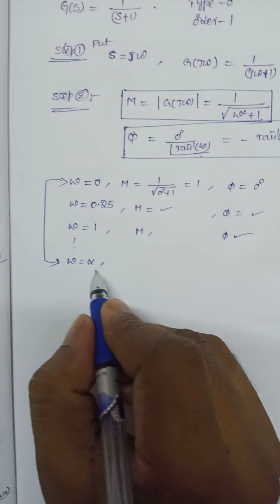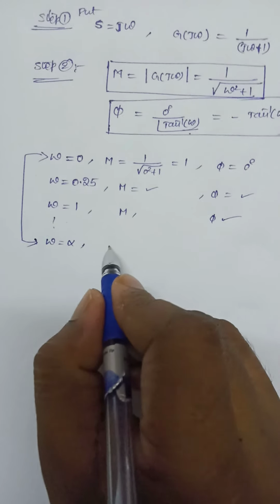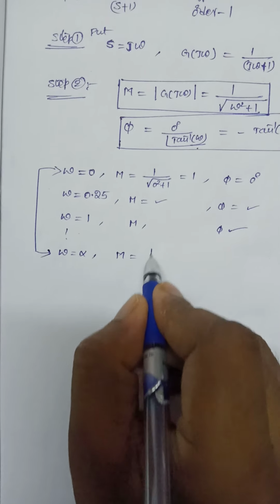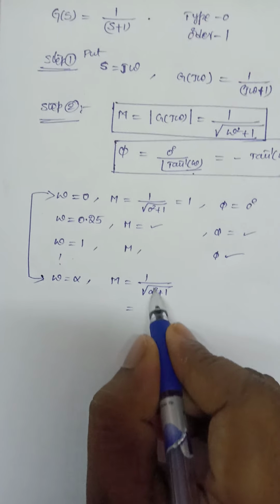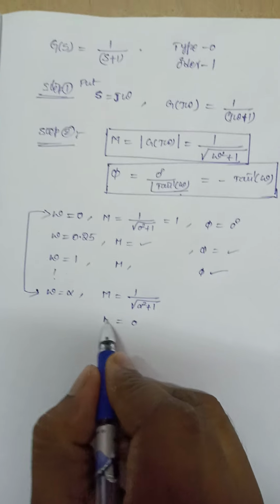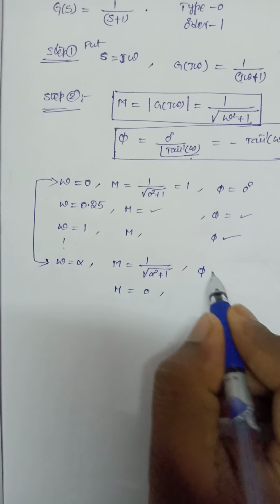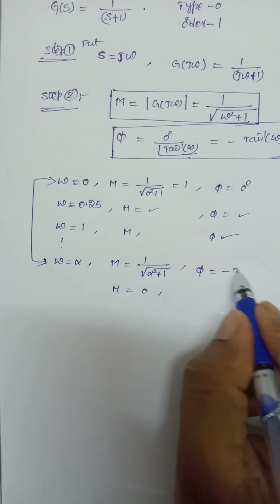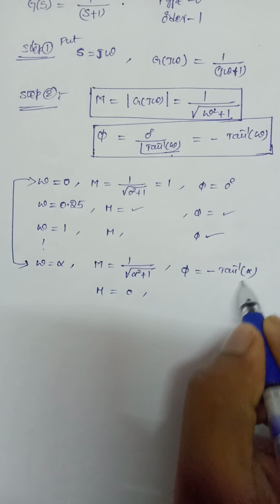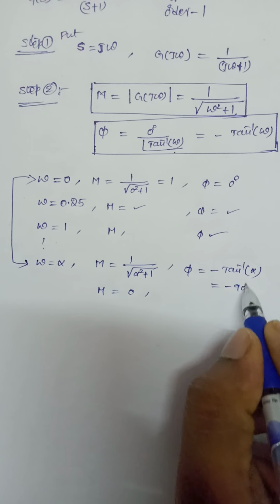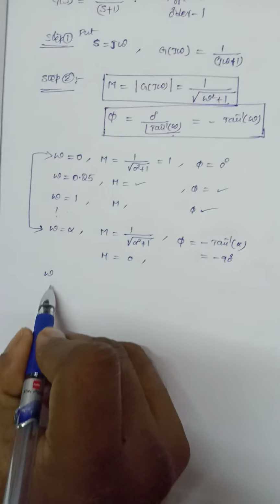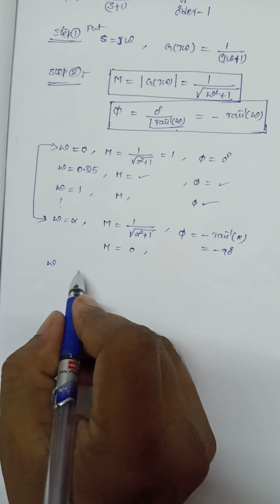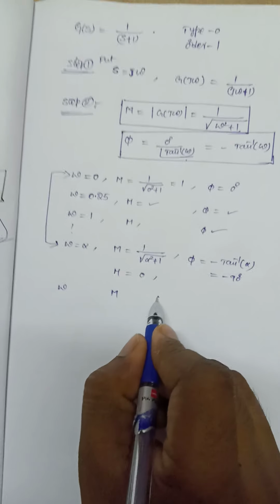Omega is equal to infinity, then the magnitude M is equal to 1 by square root of infinity square plus 1, that is equal to 1 by infinity, that is equal to 0. Magnitude is 0, and phase angle phi is equal to minus tan inverse of infinity, which is equal to minus 90 degrees.